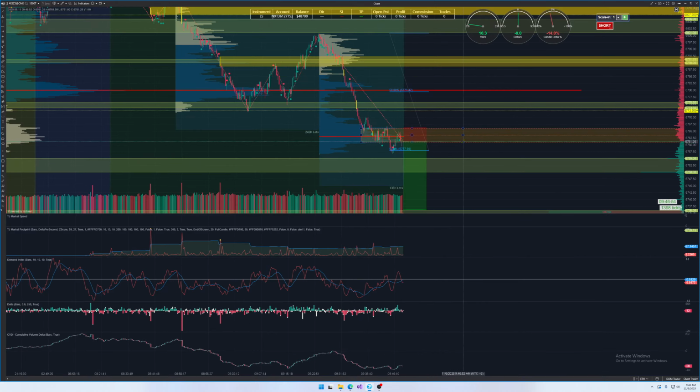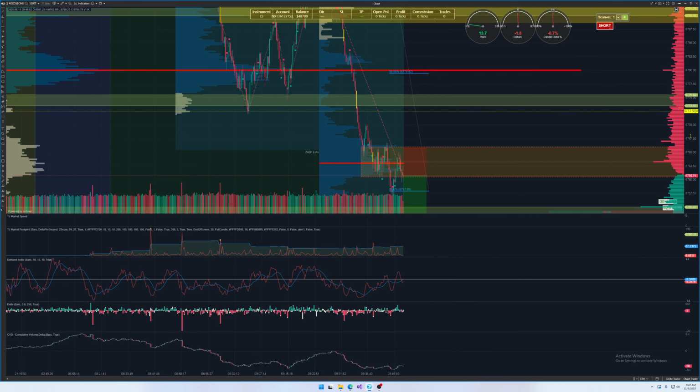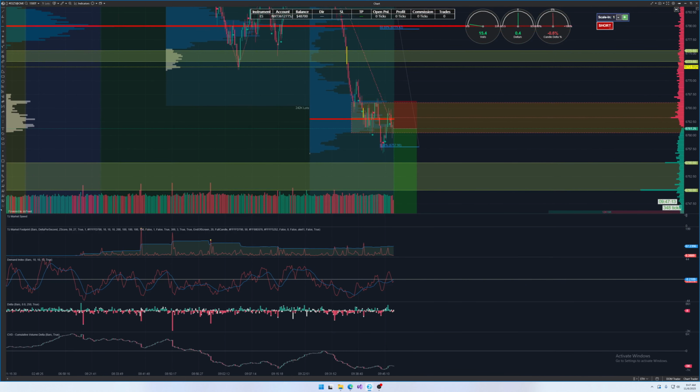I might want to trade that range here. And the range itself is 20 ticks, a little, not a lot.